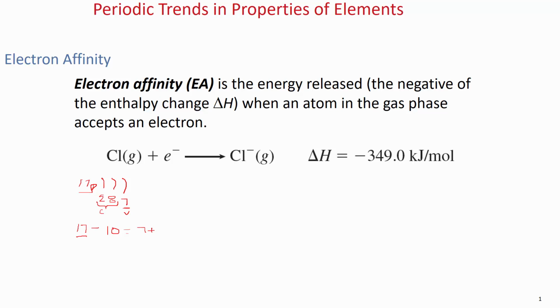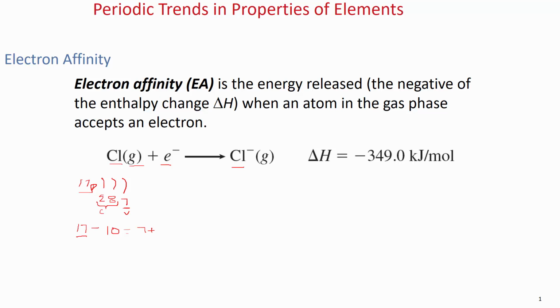Because the outer shell sees an effective nuclear charge of 7 positive, it's possible for a chlorine atom in the gas phase to gain an electron and become an anion, a negatively charged ion. So let's talk about the definition of electron affinity.